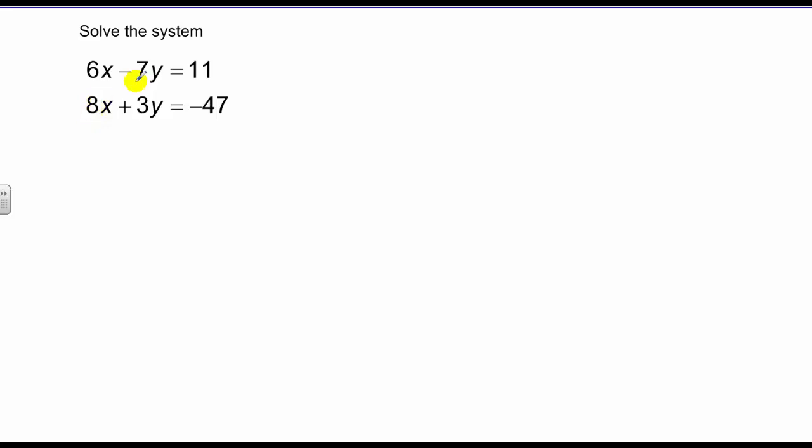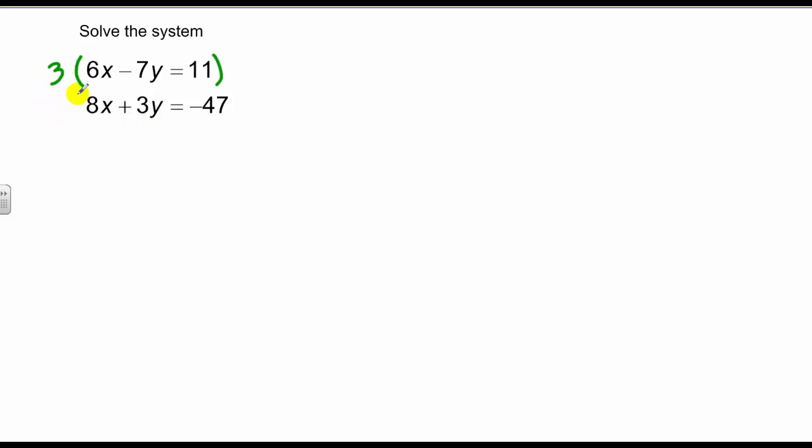Now in this problem you'll notice there's nothing I can multiply 6 by to get 8 in terms of integers, and there's nothing I can multiply 7 by to get 3 and vice versa. So sometimes when we multiply, we have to multiply both equations by possibly a different number. I noticed that if I look at 7 and 3, if I multiplied 7 by 3 and 3 by 7, I get 21 and negative 21. And those would be opposites, which is what I want.